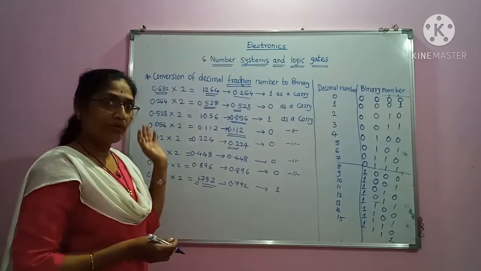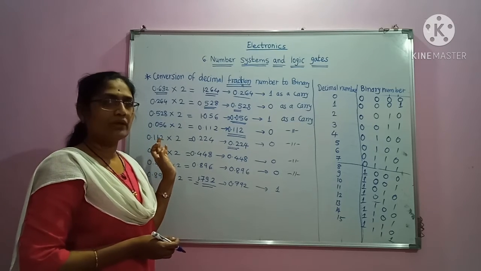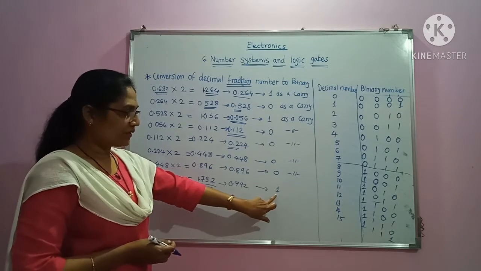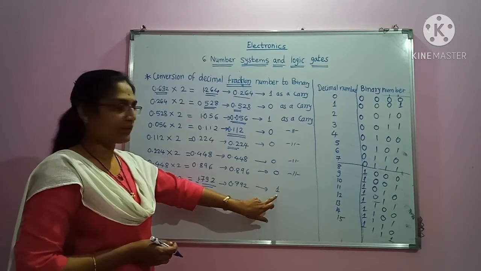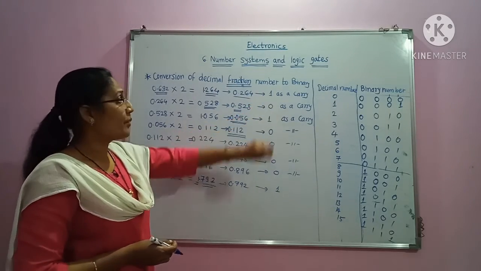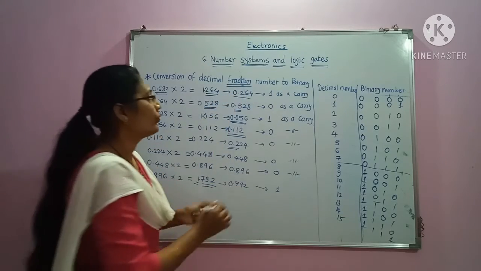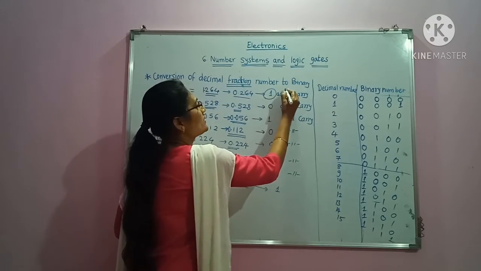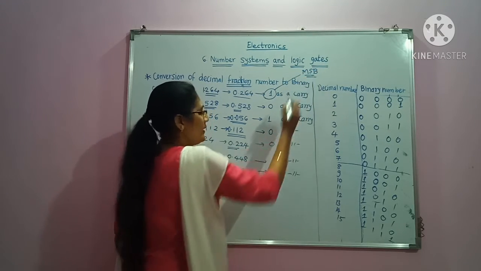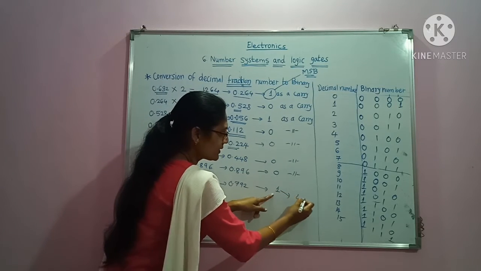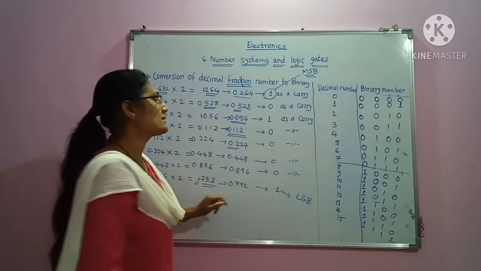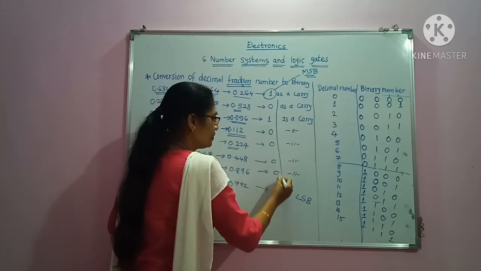In our previous example of converting 34 into binary, we took this number as the most significant digit and this number as the least significant bit. But in the case of a fraction, we have to consider this as the most significant bit and this as the least significant bit. So while writing the final answer, I have to follow this trend.